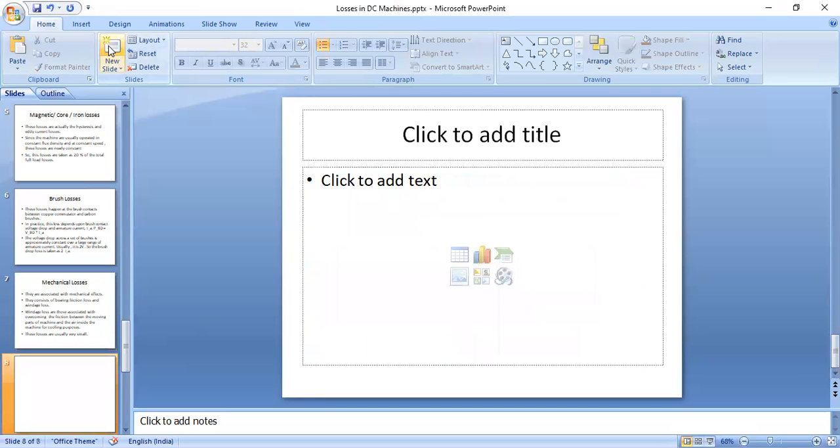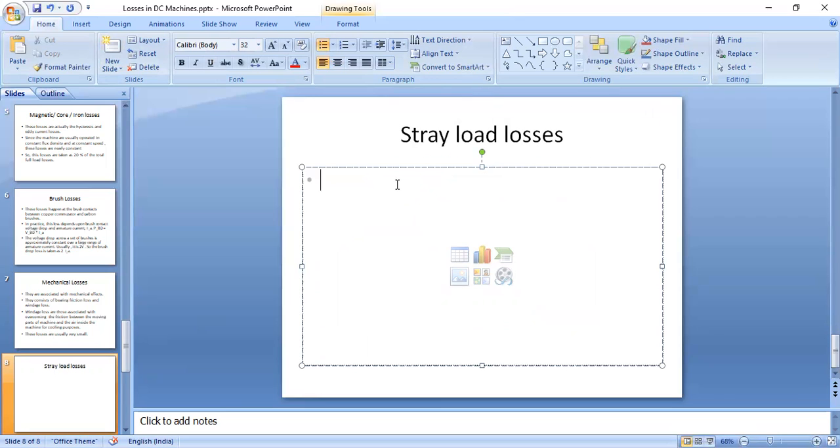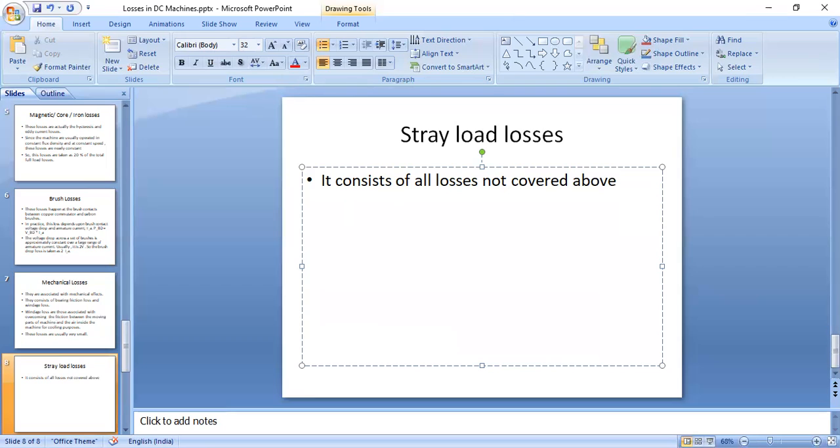So now next is the stray load loss. It consists of all losses not covered above, meaning the four losses above: the electrical loss, magnetic loss, mechanical loss, and brush losses.